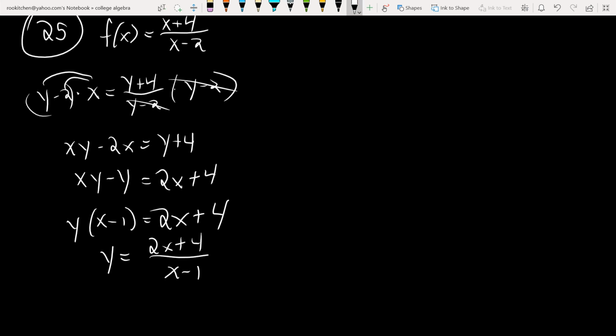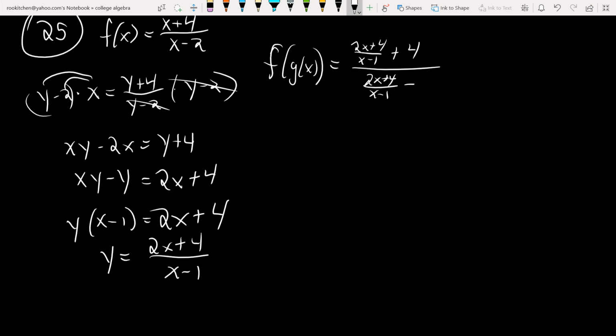Now we need to verify the f of f inverse works. Okay. Or if you'd rather call it g, that's fine too. So we have f of g of x. So putting in (2x plus 4) over (x minus 1), plus 4, all over (2x plus 4) all over (x minus 1), then minus 2.